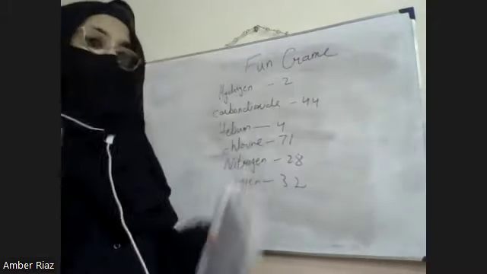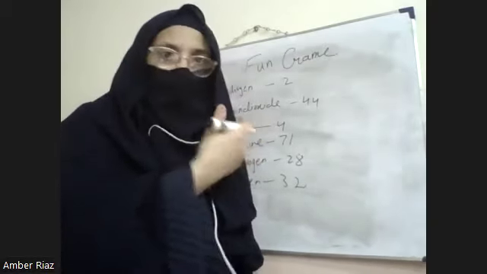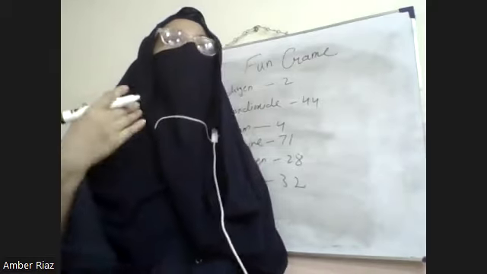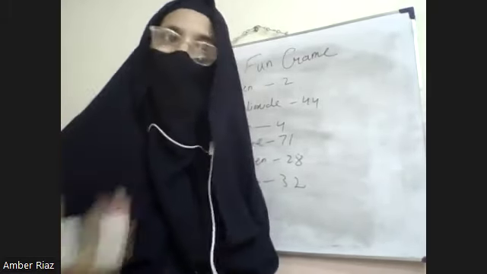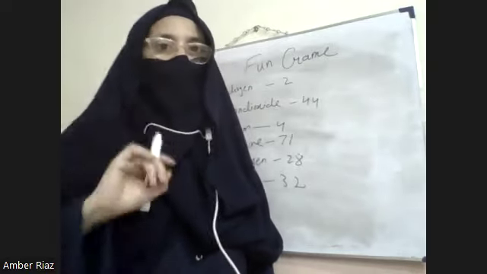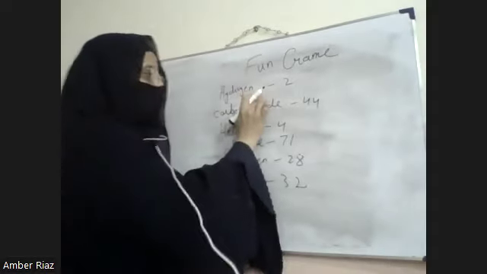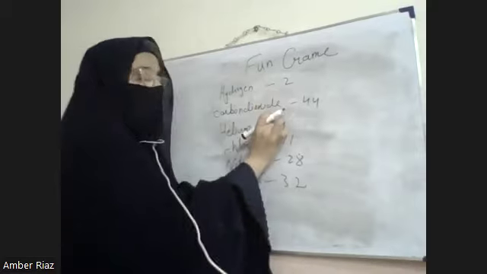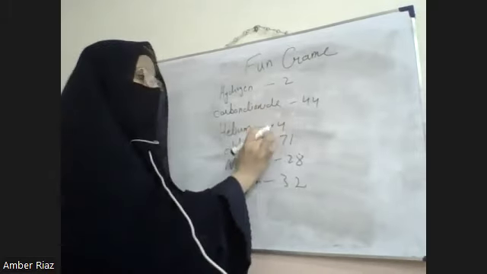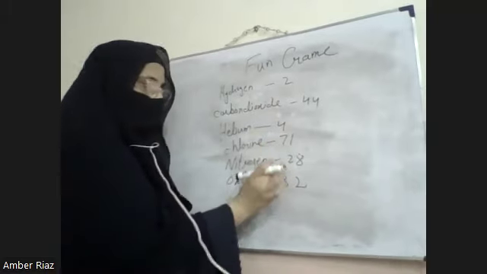So I will call the name of the gas and you will tell me the diffusion, either it is slow or fast. You will just say slow or fast, right? Hydrogen, fast. Carbon dioxide, slow. Helium, fast. Chlorine, slow.